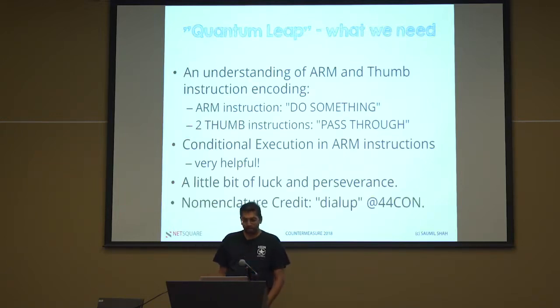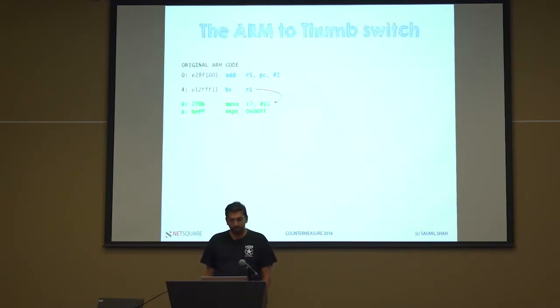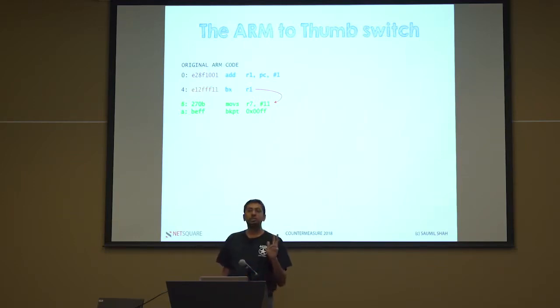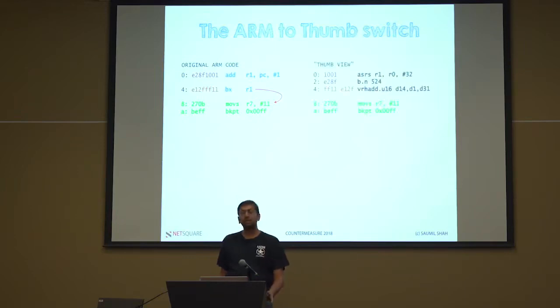Okay. So kind of going to get you to the ARM to thumb switch. If we take this blue code, which is the ARM to thumb shellcode switch code, and forcibly convert these 2 ARM instructions, these 8 bytes, into 4 thumb instructions, this is what the conversion looks like.